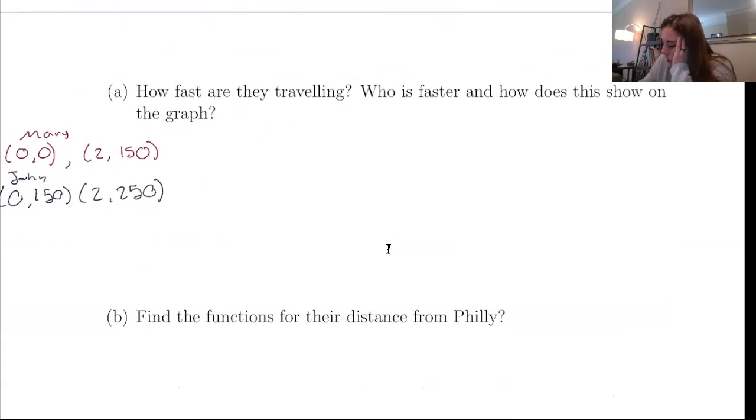So how can I find the slope for Mary? So let's call it M sub M. So Mary's slope. So like if you were describing to me how to calculate her speed, what would you tell me to do? What if I don't know what rise over run means?